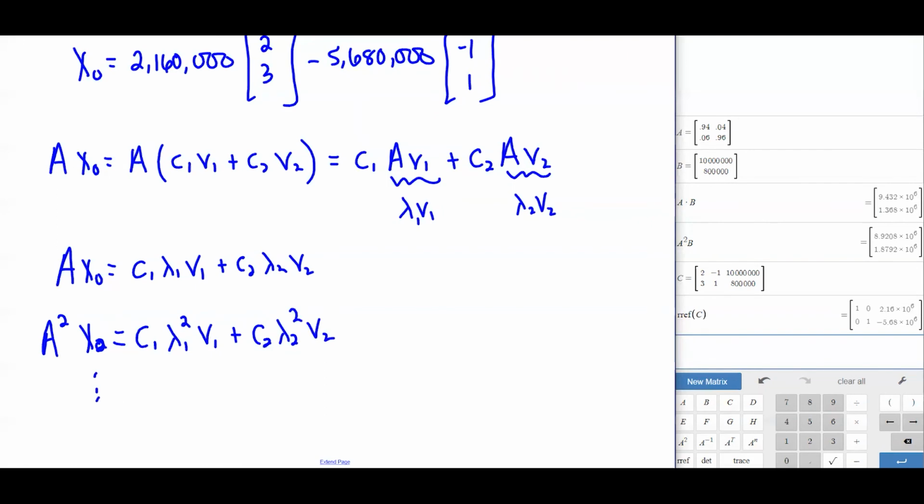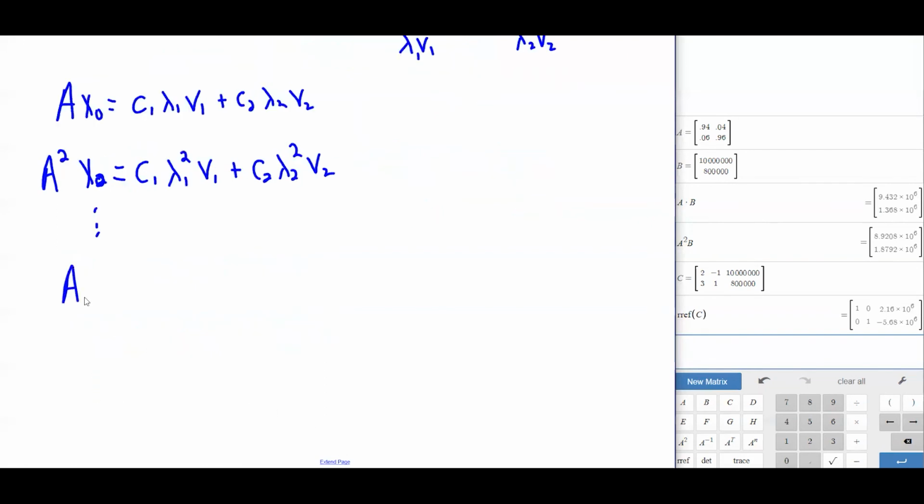And in general, A to the nth power will be C1 lambda 1 to the nth power V1 plus C2 lambda 2 to the nth power V2.